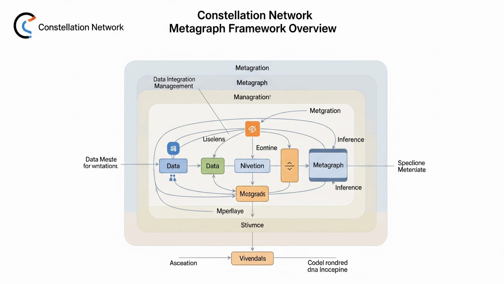As dApps get more specialized, you need this kind of granular control and ability to connect things together. Right. So quick summary then. Euclid's Metagraph framework is this customizable, interoperable, scalable, secure base for building on Constellation. The currency and data modules are your key tools for managing tokens and information within those apps.